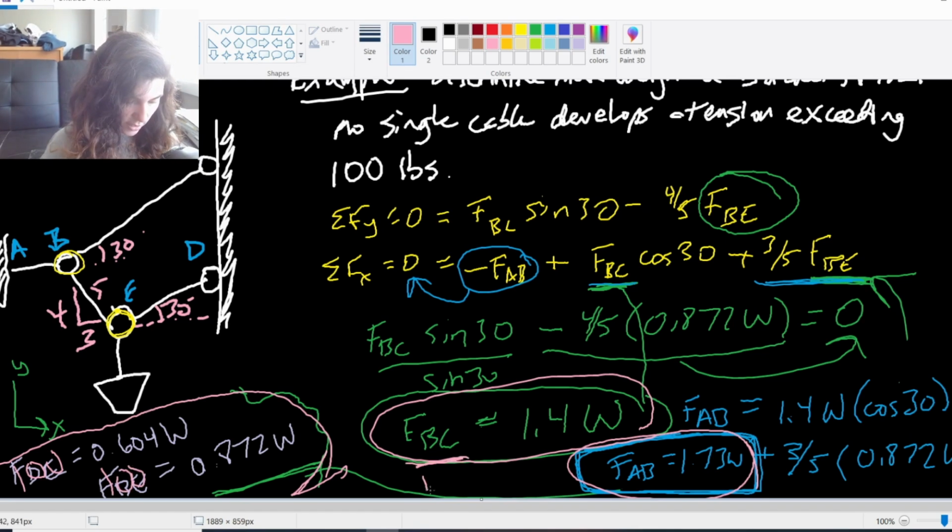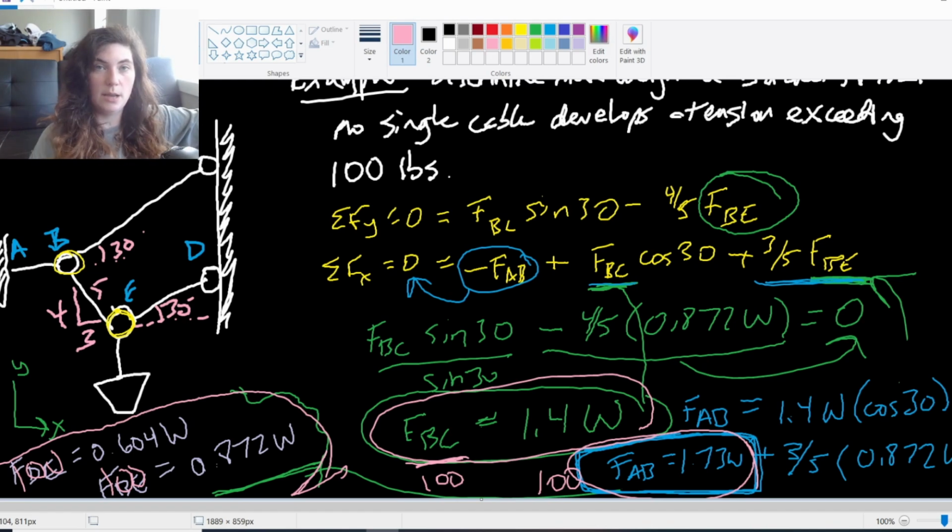So I could put in 100 into each of these and divide it out and see which one gives me the lowest weight that works for all of them. You don't want to pick the highest weight because then other cables are going to be exceeding 100. What you want to pick is the lowest applicable weight, and that gives you the maximum weight that is allowed.